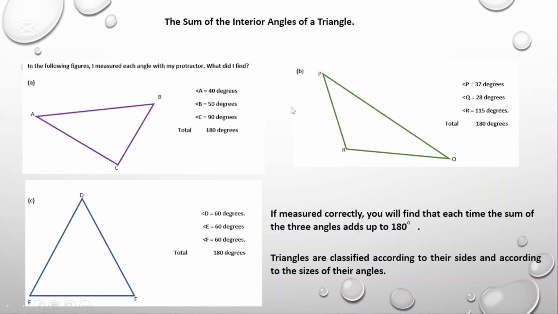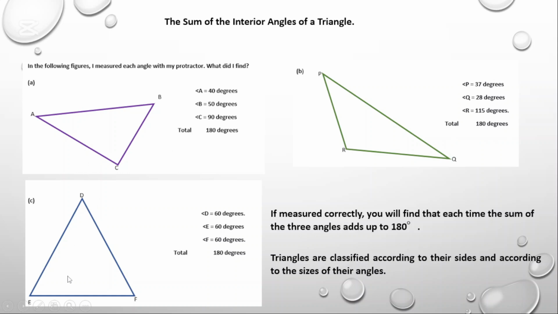Okay, look at the next figure over here. It's a different shape to this one, but P is equal to 37 degrees, Q is equal to 28 degrees, and R is equal to 115 degrees. And the sum of these three angles again is equal to 180 degrees.